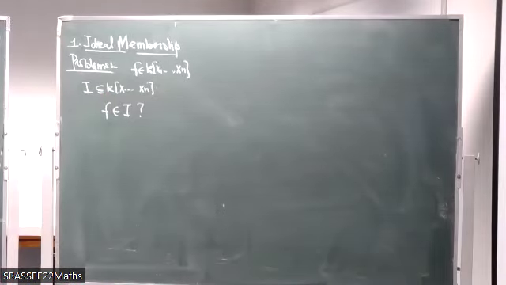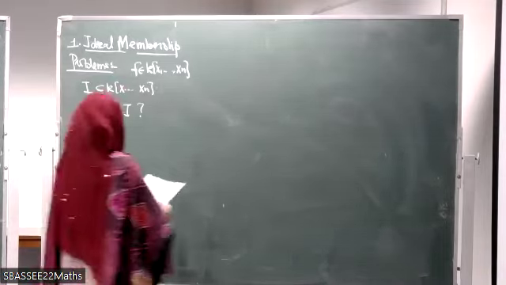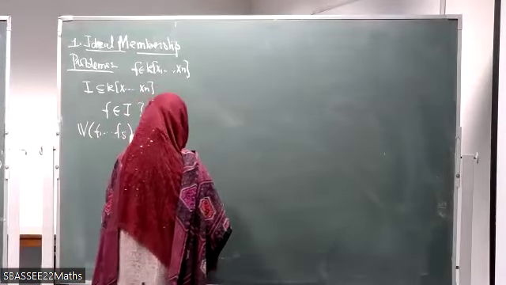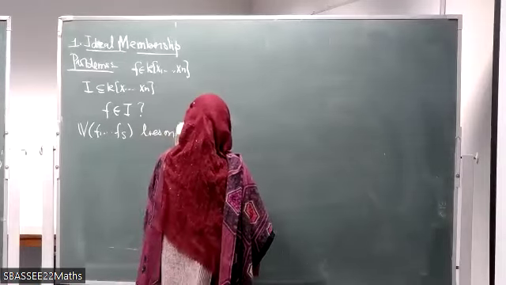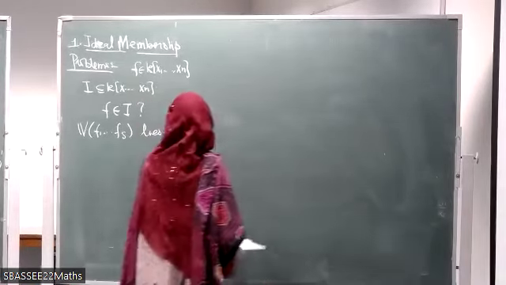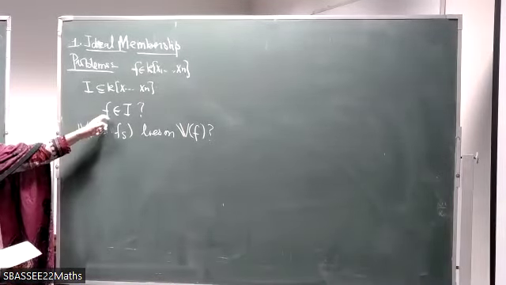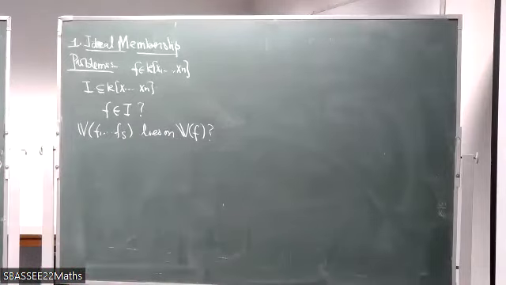Is there any algorithm which says whether the polynomial is a part of this ideal or not? That is the first question. Automatically we can see whether this affine variety lies on this hypersurface or not. So this is equivalent to this question, because this one is more than that one. This is the first question which we will try to answer in this part.